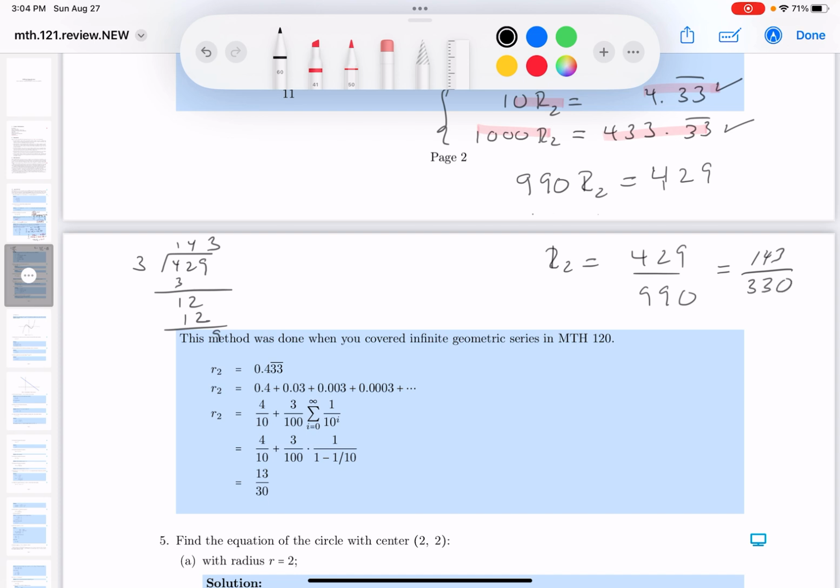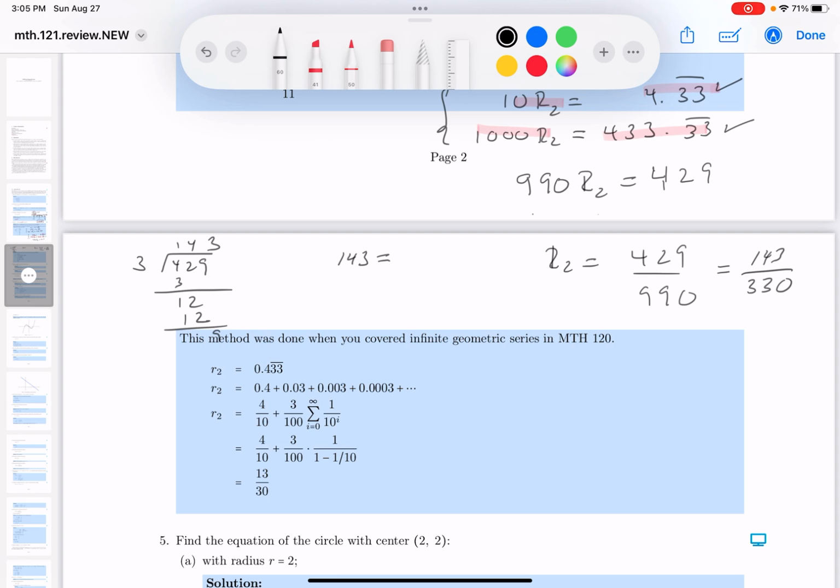I'm looking at that, and I'm wondering, is that divisible by some number? Let me take a look at it. Let me put the 143 down first. 143 is not divisible by 3. Now, I know it's not divisible by 2 either, not divisible by 5, and so on.